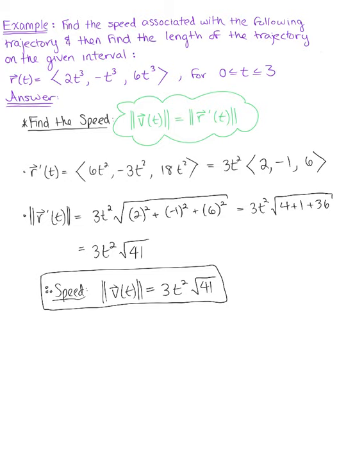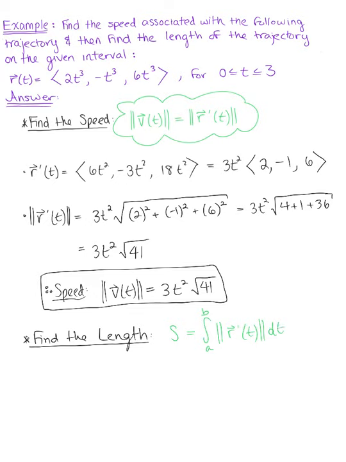So now that we have this speed, we're ready to find the length, or the arc length. Again, let's start by recalling that our arc length S is defined as the definite integral from a to b of the magnitude of our tangent vector dt.